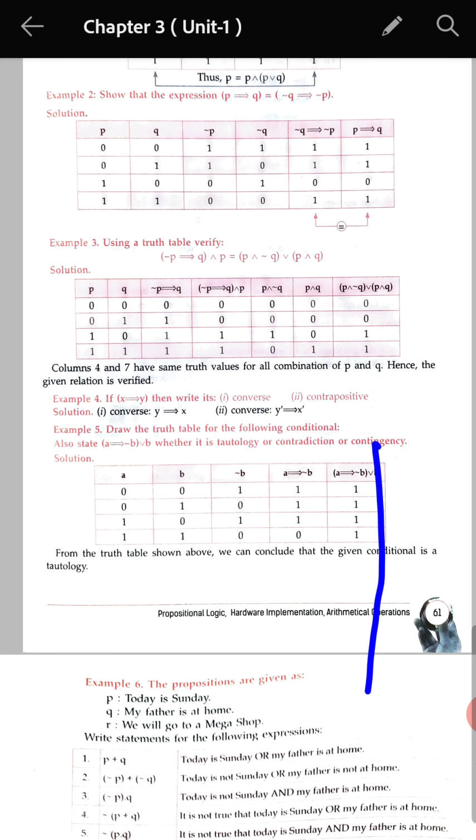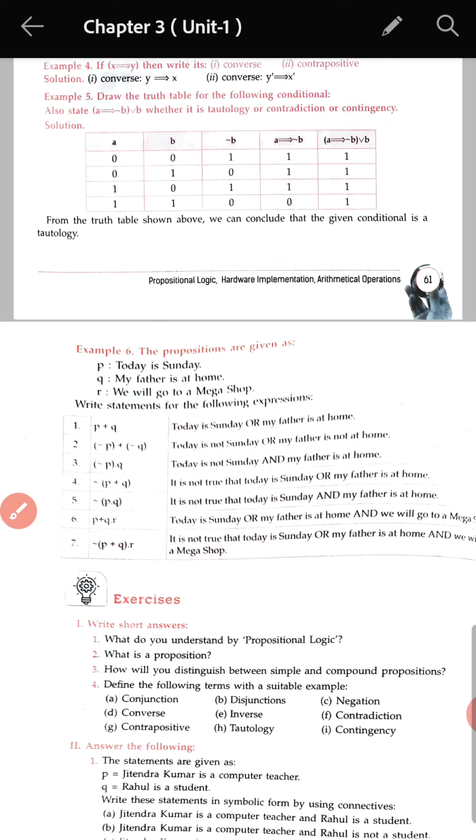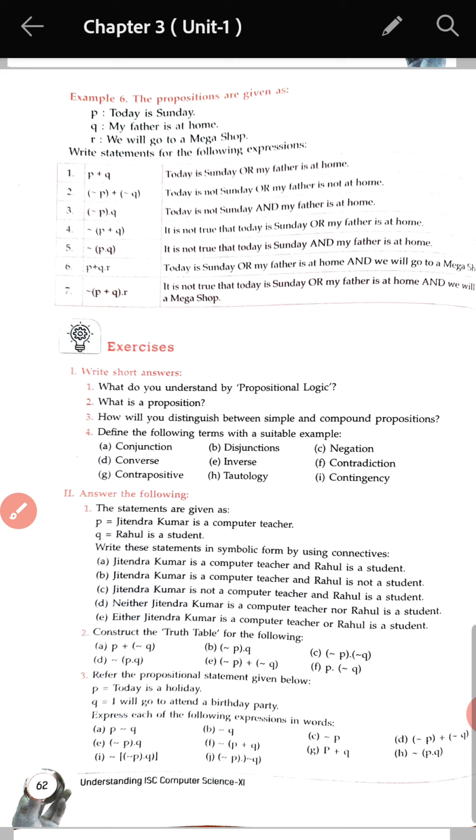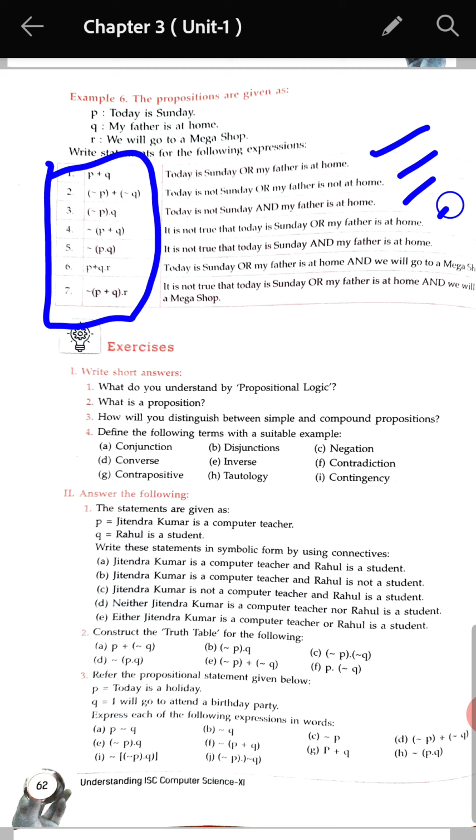And again, see, some questions occur in this format also. They're going to provide us some expression and we have to write it in this format also. I told you earlier how we are going to use conjunction, disjunction, and we can use if then also according to the expression.